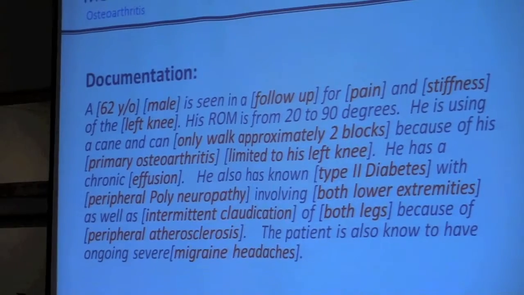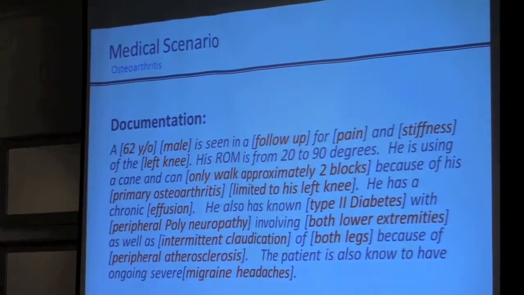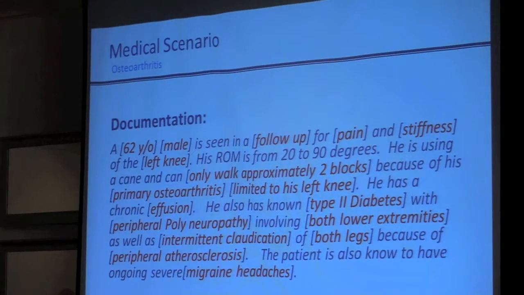All right. Now here's a challenging one, and it's got some tricky stuff in it. We have a 62-year-old male seen in follow-up for pain and stiffness of the left knee. His range of motion is 20 to 90. He's using a cane and can only walk approximately 2 blocks.